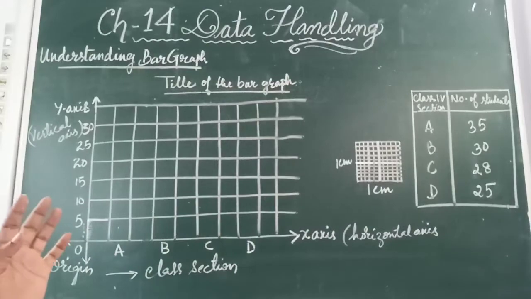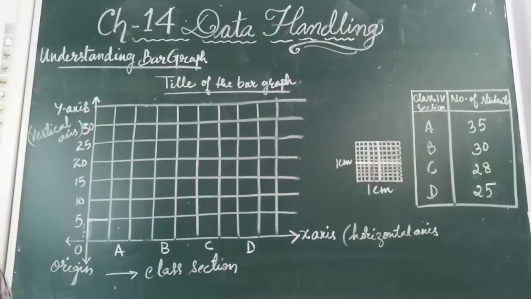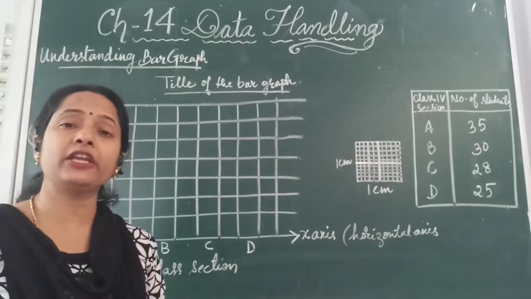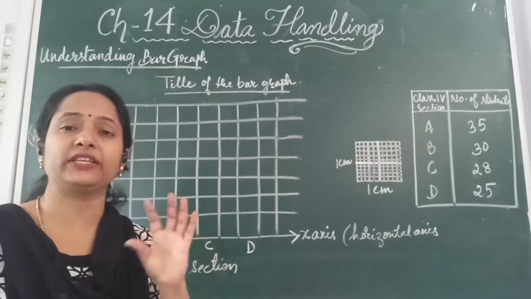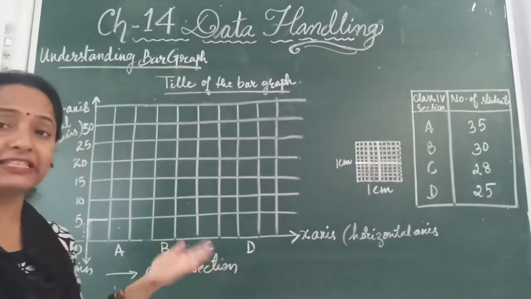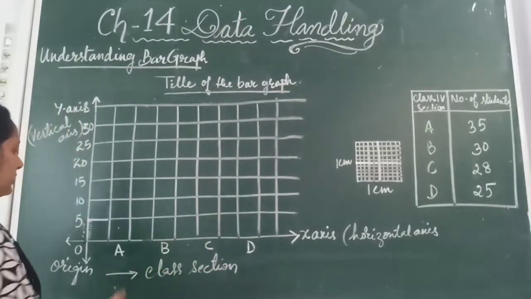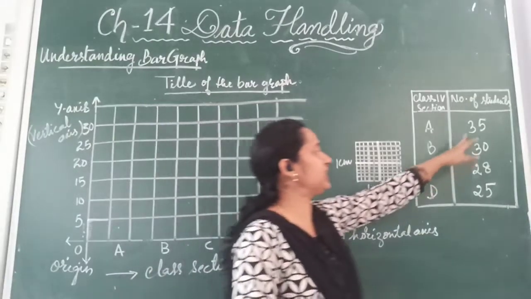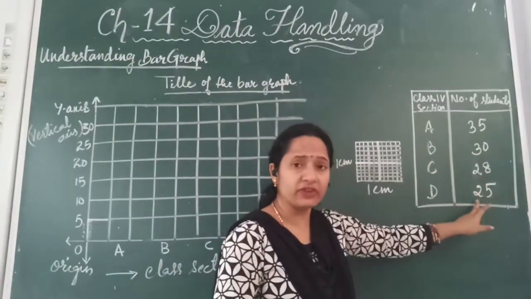Next, the bars may be horizontal or vertical depending upon the numerical data taken along the x-axis or y-axis. Numerical data means data that is in the form of numbers.